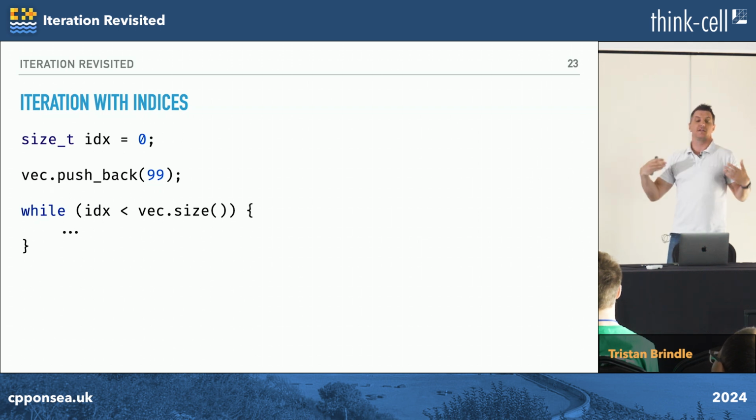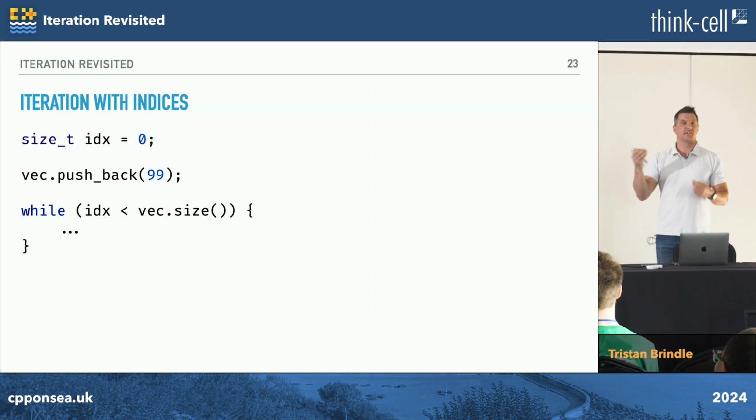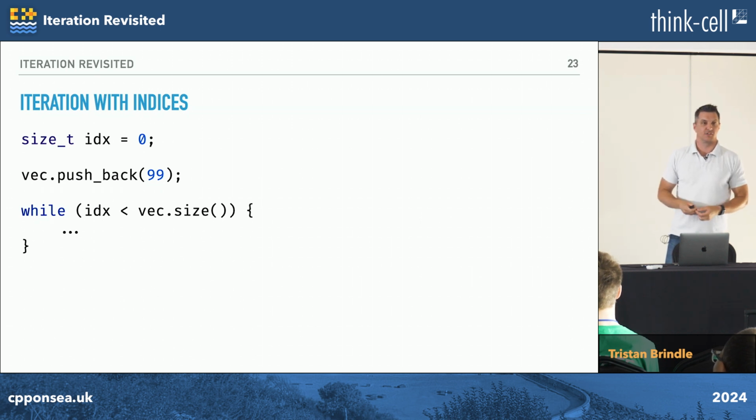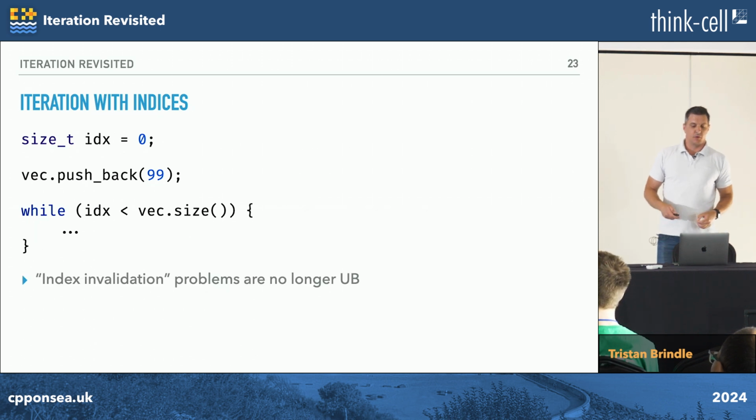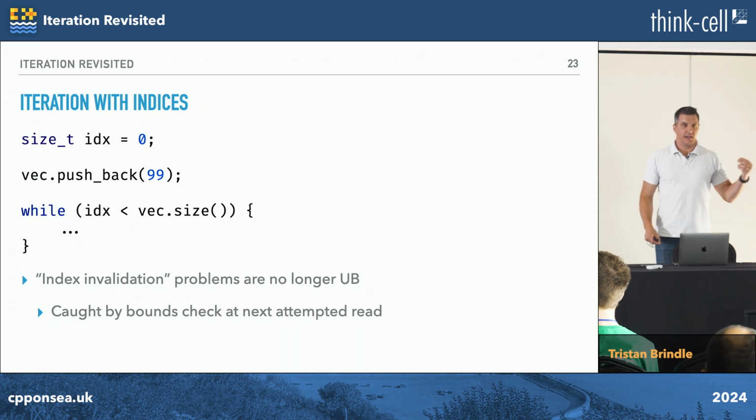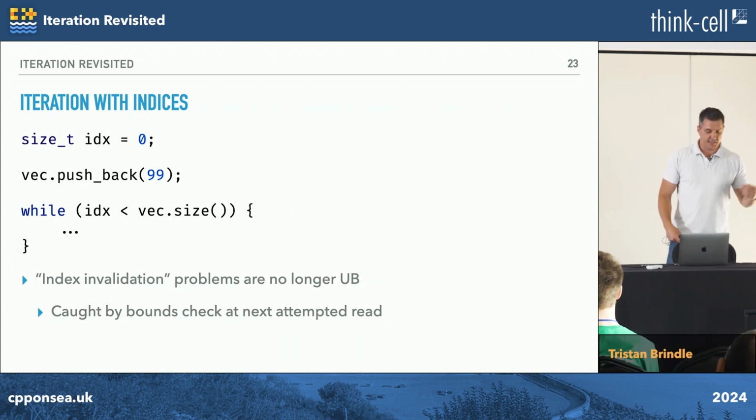So we're going to get well-defined behavior. And comparison against the size is also well-defined, right? Index invalidation problems are no longer undefined behavior. They occur in far fewer situations, and even where they do occur, they can be caught by the bounds check on the next attempted read.